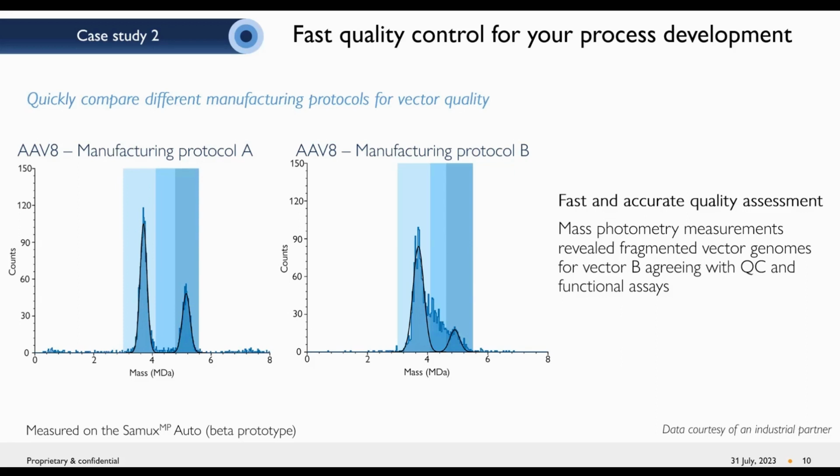Vector B shows a large amount of partially filled capsids, while vector A was very clean. These mass photometer measurements are in line with the QC and the functional assays that they performed, but you can get to this information very quickly, in just minutes. And it nicely shows that during process development, you can quickly compare two different approaches in the mass photometer and get really meaningful information of what it is.